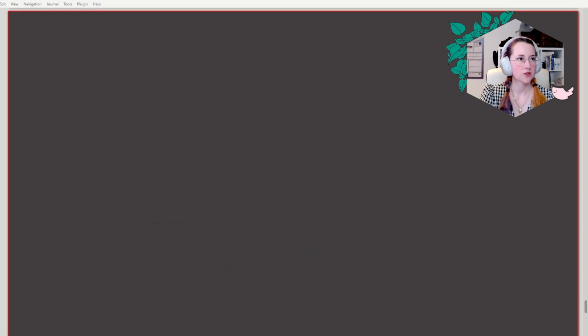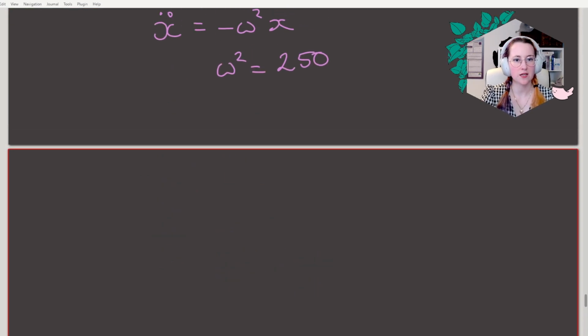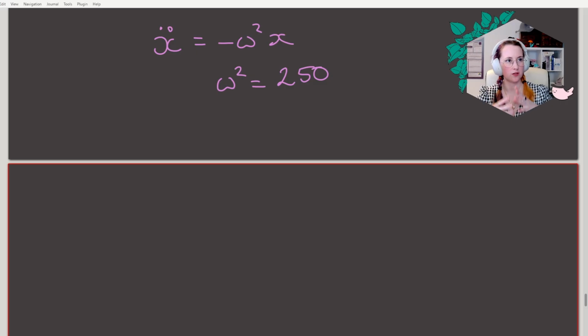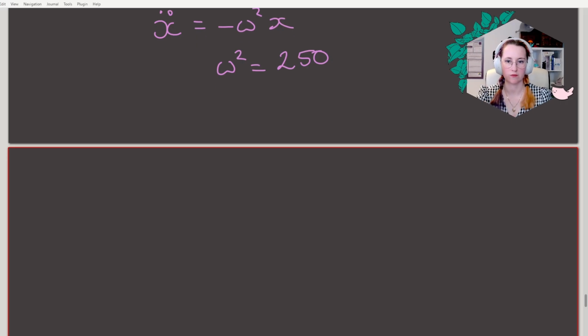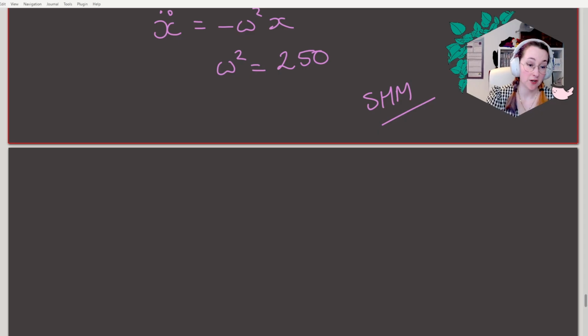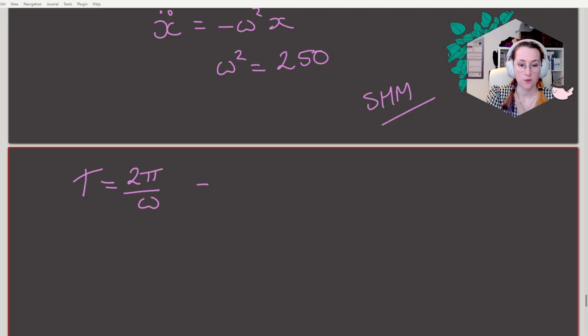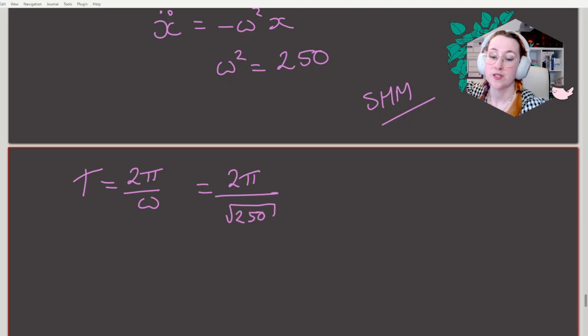Okay, so because the equation is of the form x double dot is a constant times x, we're all good. So it's SHM. Then we need to find the period, and the equation for the period is 2 pi over omega, which is 2 pi over, now the mistake everyone makes at this point is doing divided by 250, but it's actually the square root of 250, which is some disgusting number, I am sure.